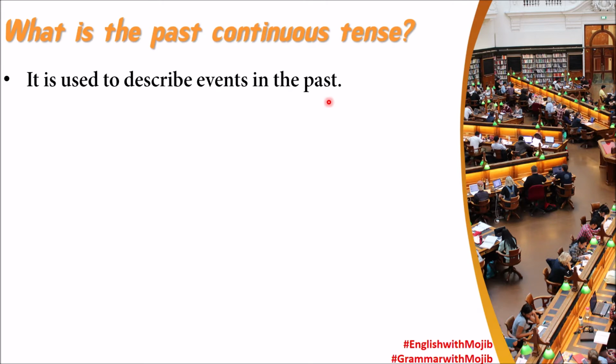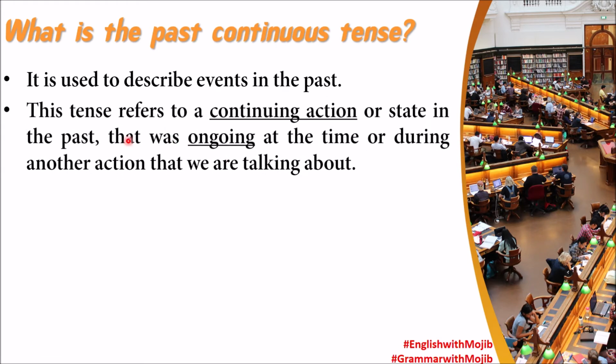Both are in the past. But this tense refers to a continuing action. Past continuous refers to a continuing action or state in the past that was ongoing. Ongoing means continuing, not finished, at the time or during another action that we are talking about.